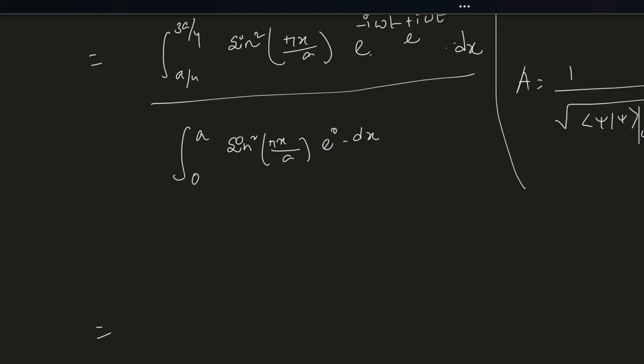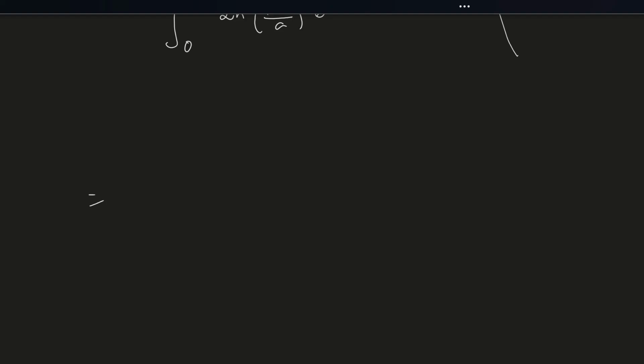Cos integrates to sine, so sine 2 pi x by A into 1 by 2 pi by A, which is A by 2 pi, plus some integration constant. So this is half of x minus A by 2 pi sine 2 pi x by A plus c.